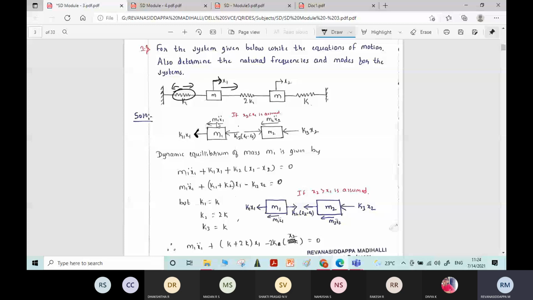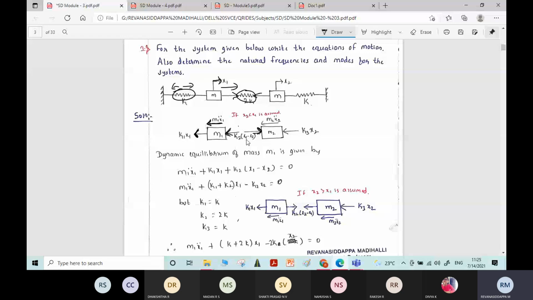And if we assume compression in this spring, the resistive force will be in tension like this. Tension force will be induced, and here k2 into the resultant displacement at this spring, which will be x1 minus x2.